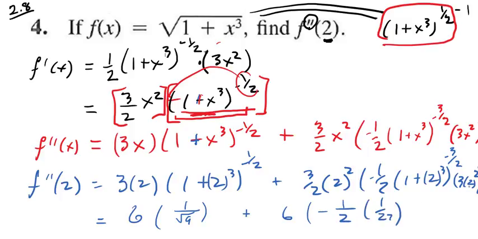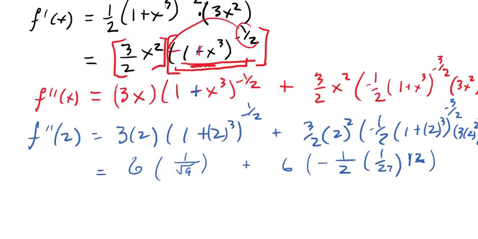And then 12 times 12. I did that in my head, but I could be wrong. You should use a calculator. So, double check. 3 over 2 times 4 is 12. Negative 1/2. 1 plus 8 is 9. 1 over the square root of 9 is 3. 3 cubed is 27.